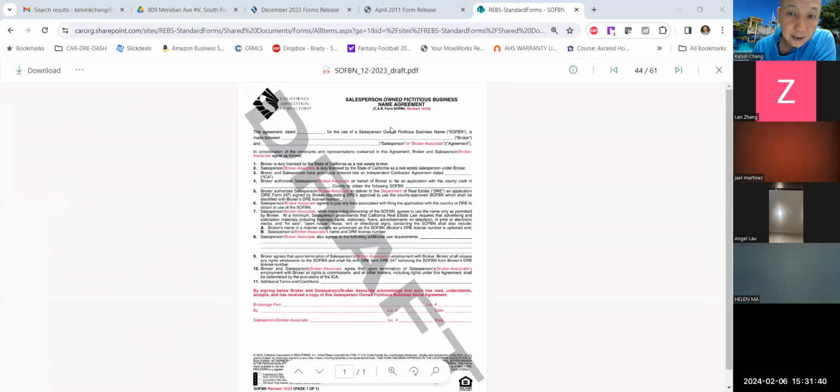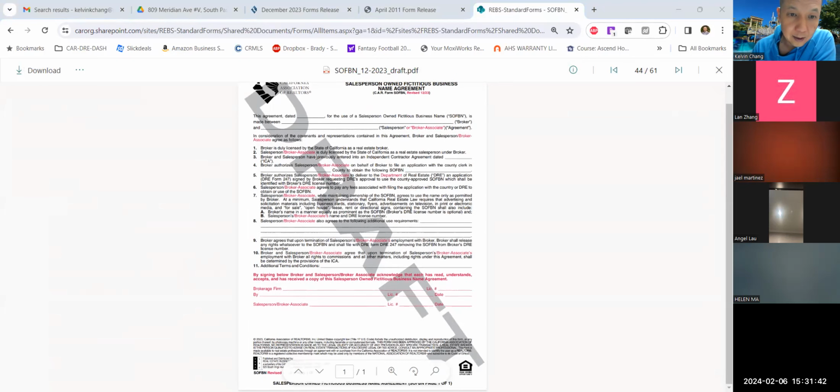Do you own this name, the Ramos Group? Did you file it with the state of California and or with the county of Los Angeles to be able to use the Ramos Group as an authorized entity? Because technically you're supposed to file and deliver to the Department of Real Estate any application of any fictitious business name that does not meet the DRE's standard language.